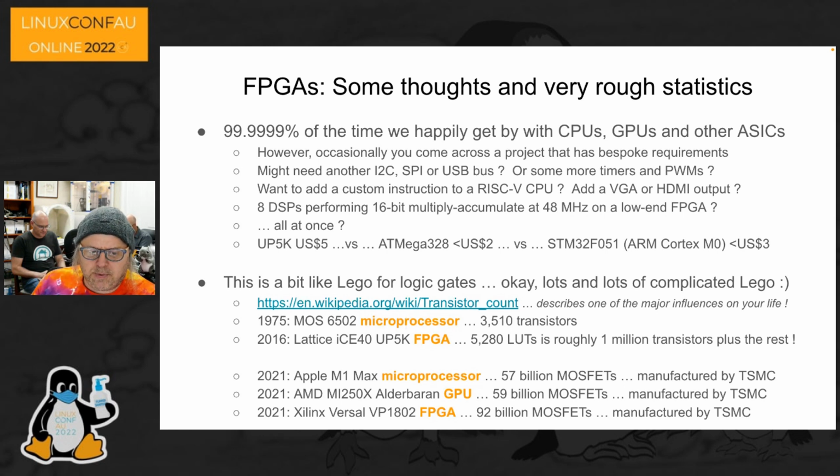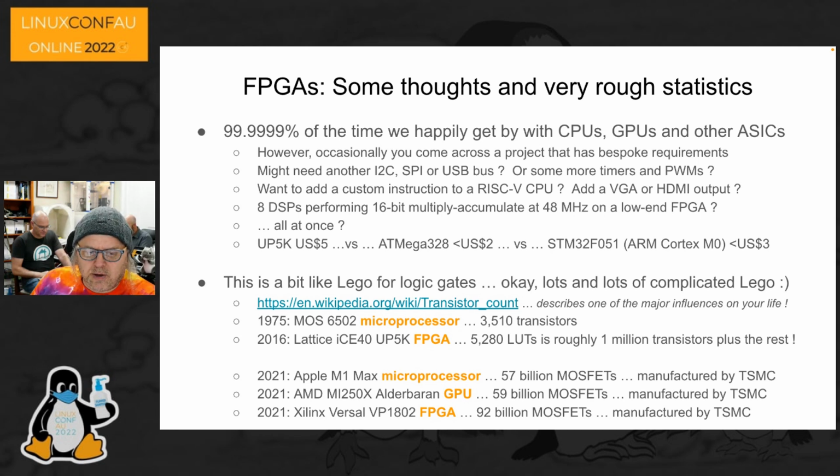Comparing it to the original 6502 microprocessor, which had about 3,500 transistors, there are more than enough lookup tables to replicate the functionality of a 6502. So you can effectively put a whole Apple II inside this little UP5K, or even a 32-bit RISC processor.